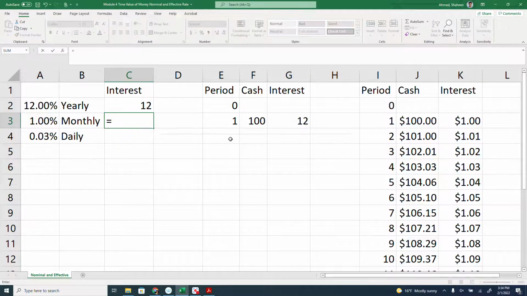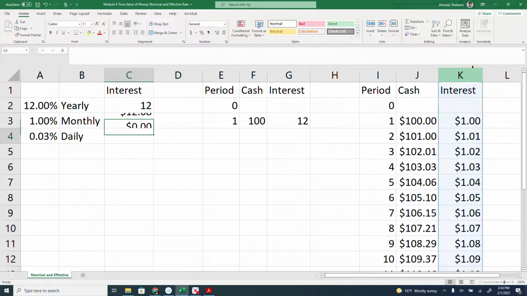However, let me show you this. If you sum this interest, see, it's $12.68. So you pay 68 cents more. Even though you borrow money at 12%, you're actually paying 12.68%.